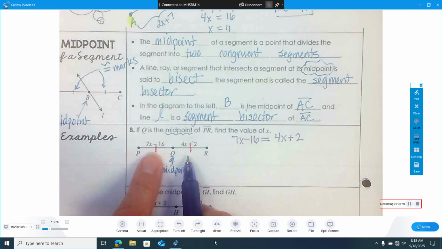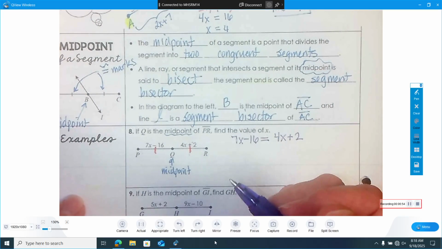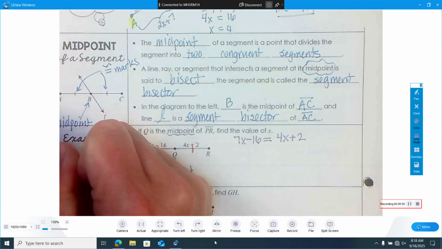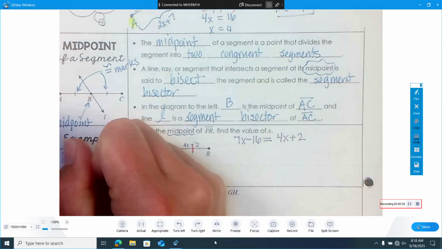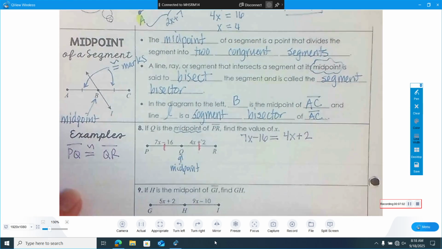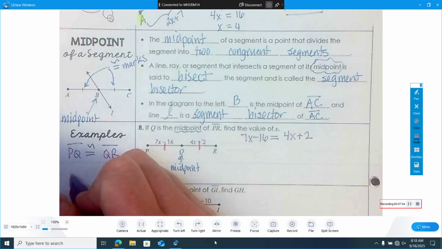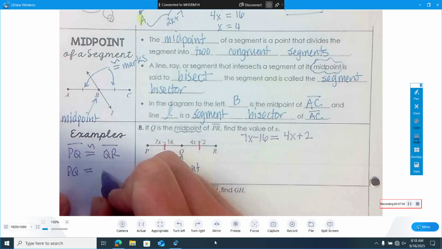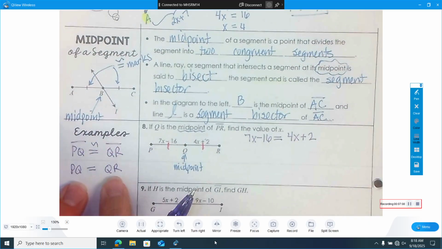And that's because these two segments are marked as congruent. If segment PQ is congruent to segment QR, then their lengths equal each other. So we can write an equation that sets their lengths equal to each other.